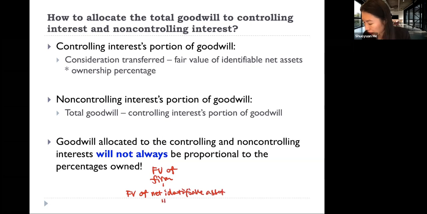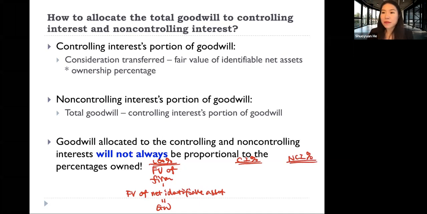The difference between those two, that is the total goodwill. So that is 100%, based on 100% of the firm. And then the firm is made up of the controlling interest. The controlling interest has a percentage of ownership, and non-controlling interest also has a percentage of ownership.